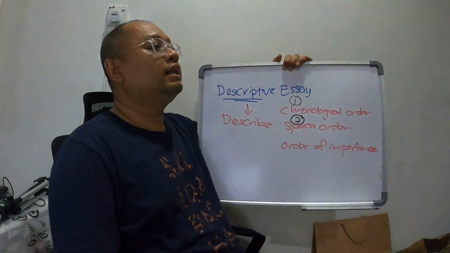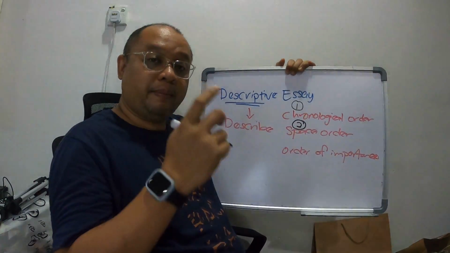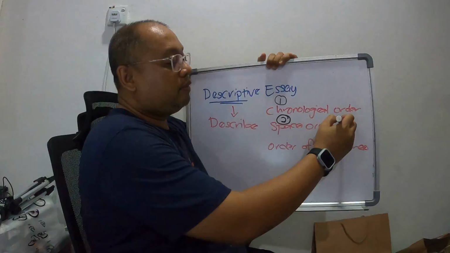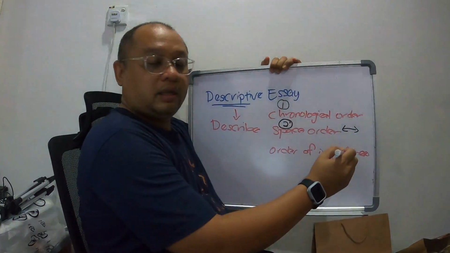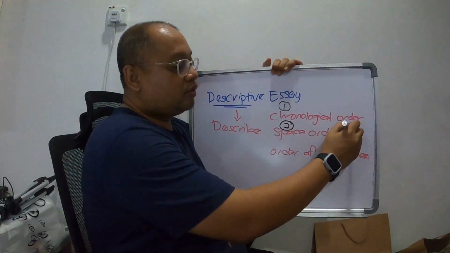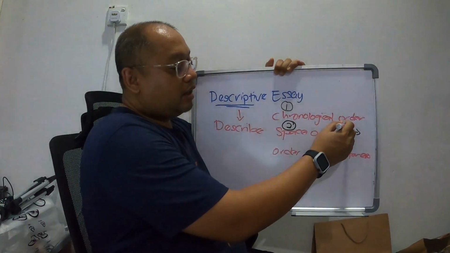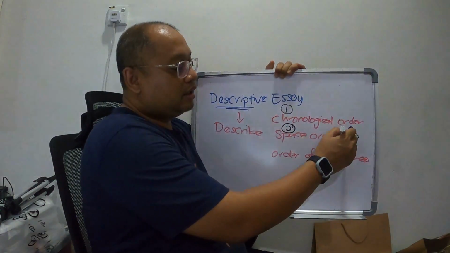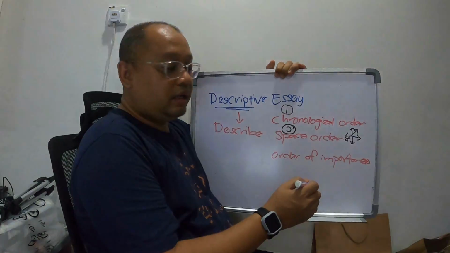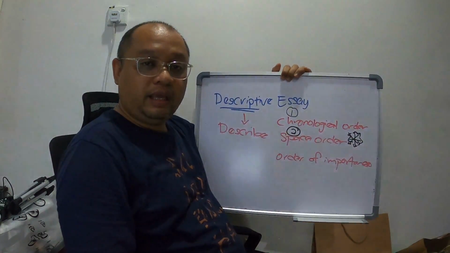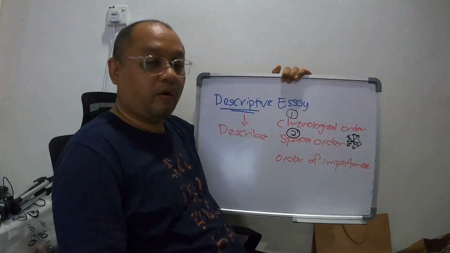For example, you are going to describe a hall, so you're going to talk about the hall maybe from left to right, from front to the back, and from maybe the right hand corner to the left hand corner, or the other way around. So that is about space order.